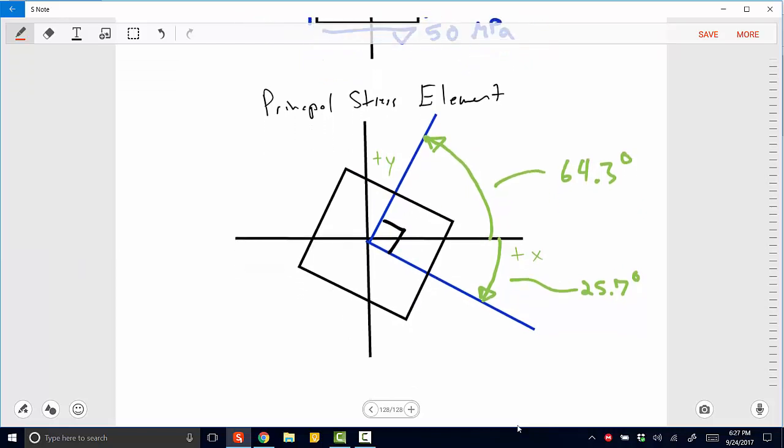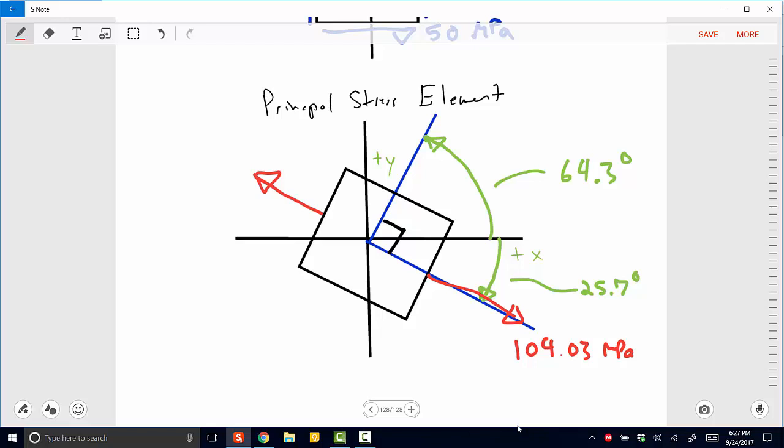So we have our VP1 here from the positive x to the direction where sigma 1 acts. And our sigma 1 is equal to 104.03 megapascal. And for equilibrium, it should be applied on the other side of the element, right?